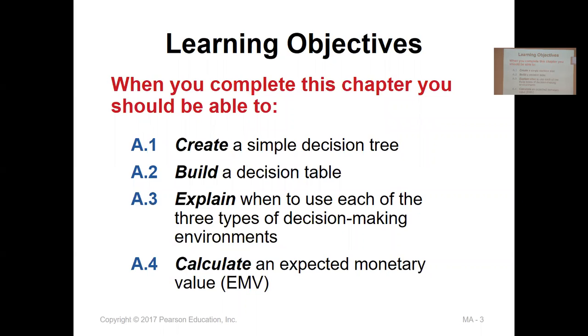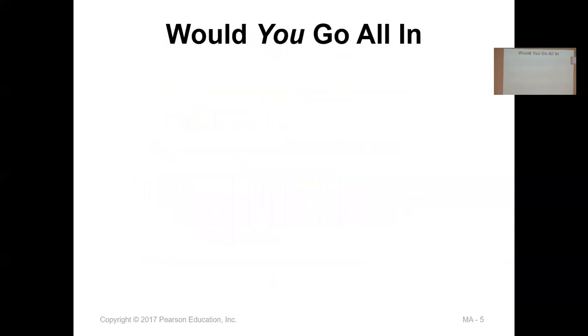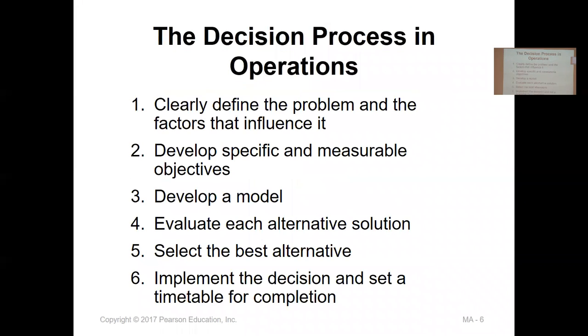But when we're thinking about decision-making trees and tables, this is just what we're going to do in the chapter. So the process is always, no matter what we're trying to do, the first step of any process is to figure out what it is we're trying to answer.